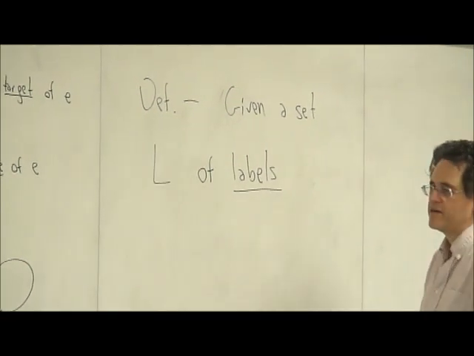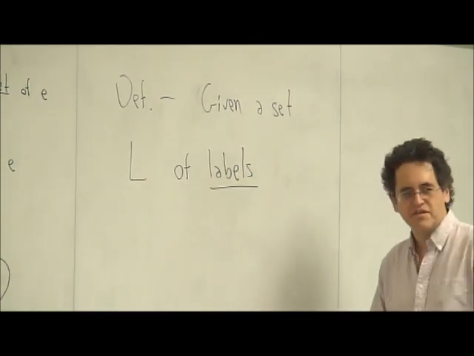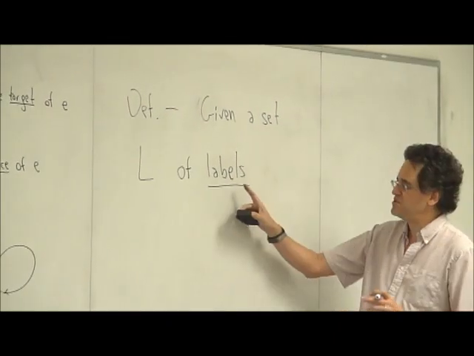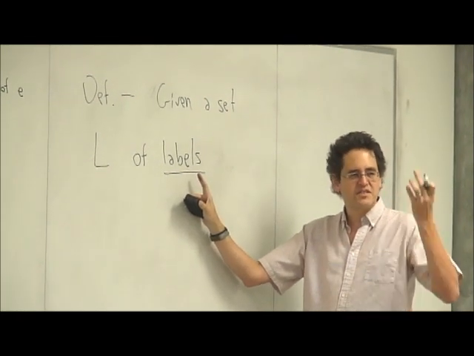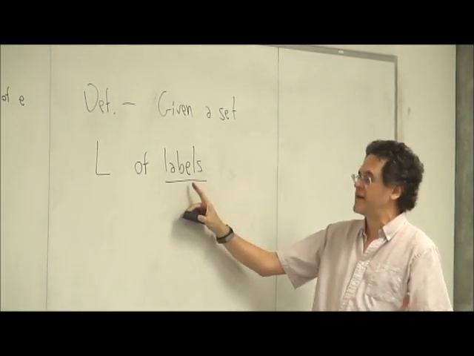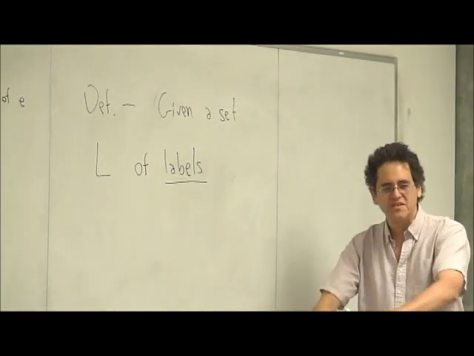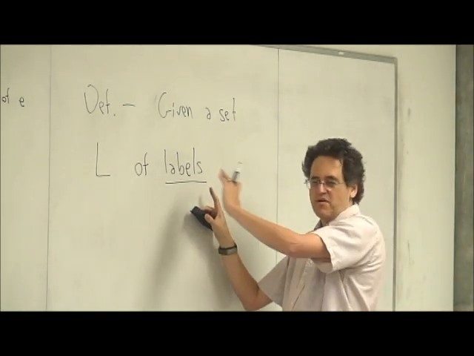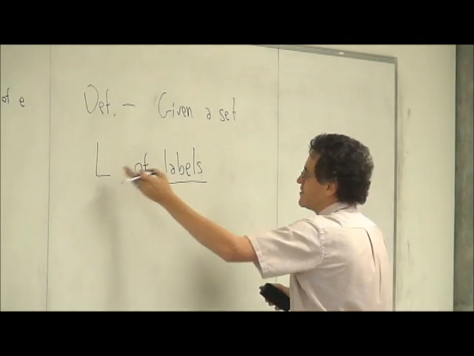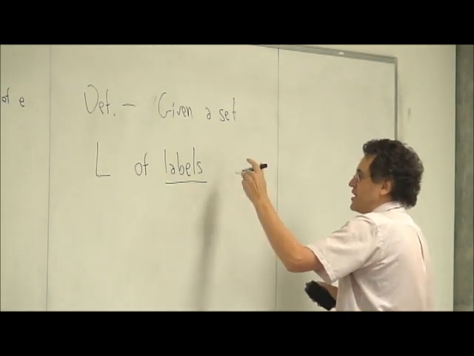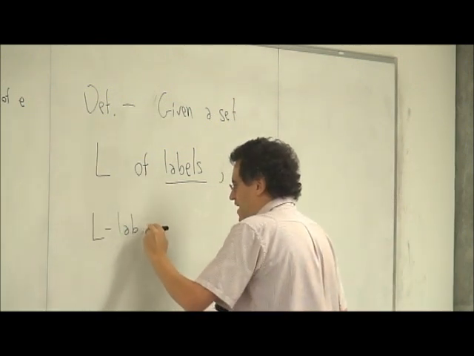So underline means I'm defining it, so don't ask what it means, right? That's the idea of a mathematical definition. Sometimes you define a word, and the only thing you're doing when you're defining it is just saying, don't ask me what it means, okay? It's sort of different than a normal definition. A normal definition tells you what a word means. This kind of definition says, don't ask what it means. It can be anything. So don't ask what a label is. It's an element of this set. Okay? So given a set L of labels, we could talk about an L-labeled graph.